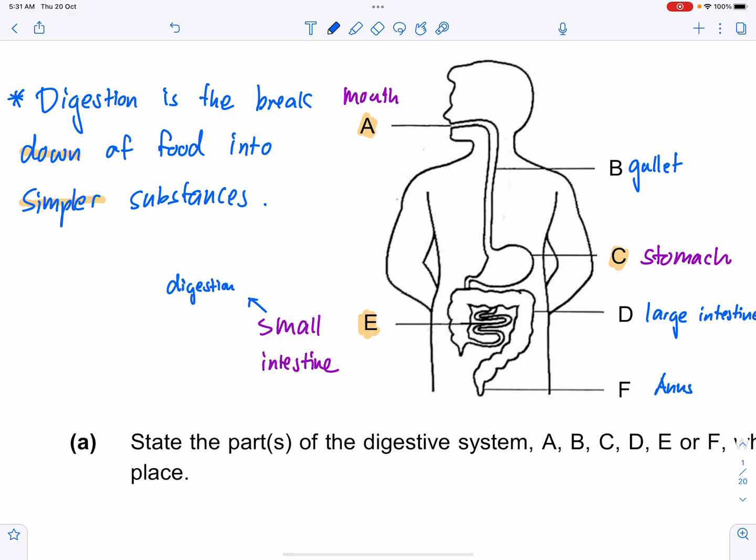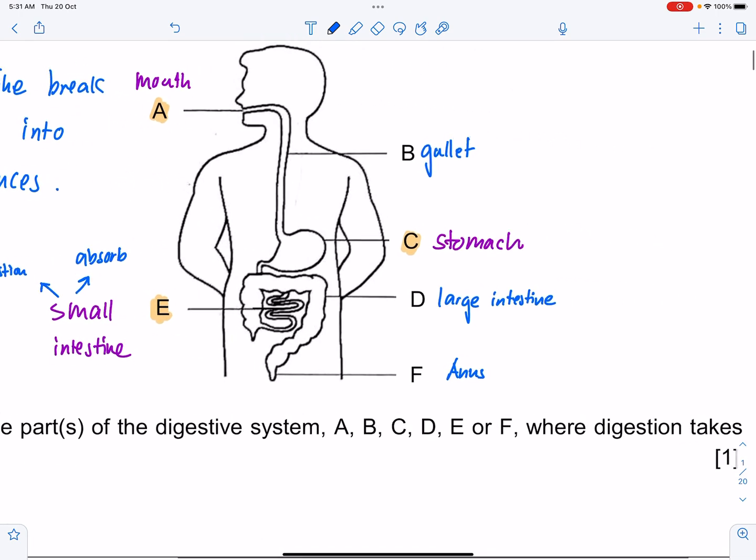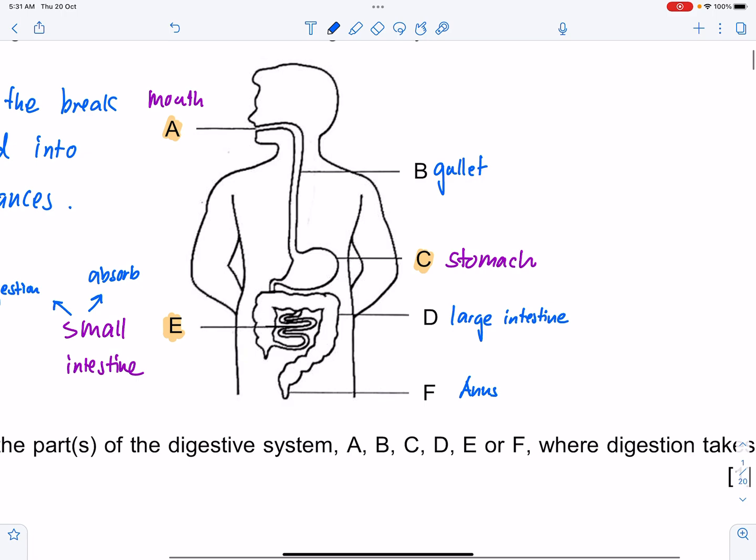The second function would be to absorb the digested food into your bloodstream. And your large intestine, the main function over here is to absorb excess water and mineral salts.